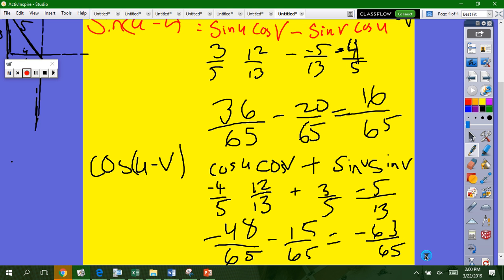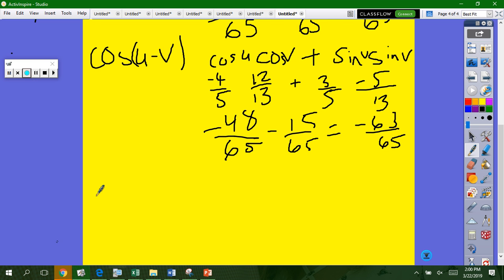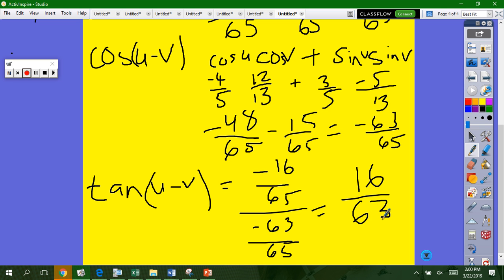What was the other thing I needed to find? I found sine, I found cosine, I need to find tangent. Now here's the exact reason, guys, why I don't know the tangent formula. Who is the sine answer? Negative 16/65, right? Who's the cosine answer? Negative 63/65. So therefore the tangent is 16/63.